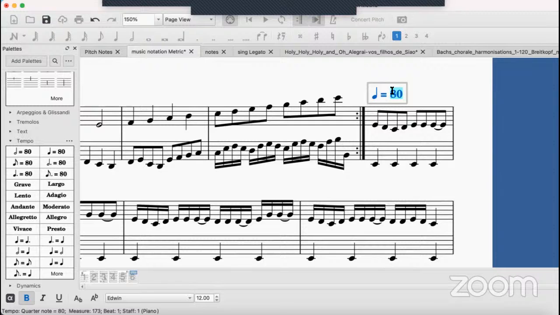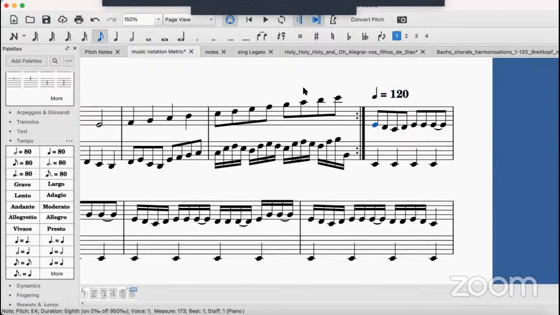Now let's speed up the quarter note. Quarter note is equal to 120 bpm.